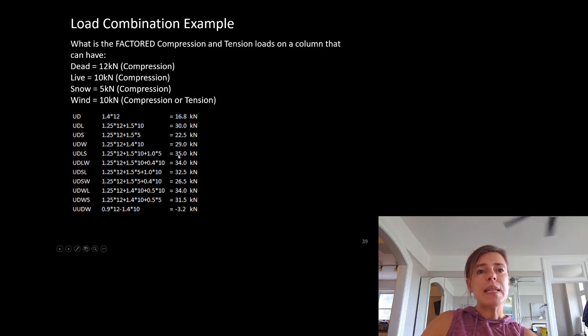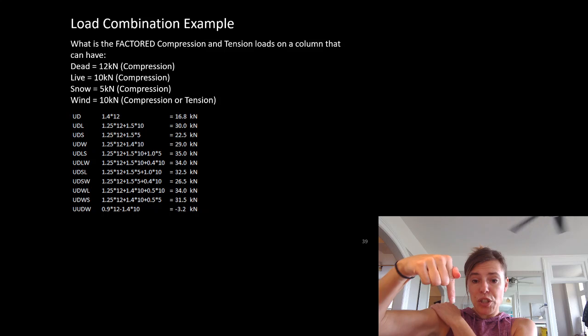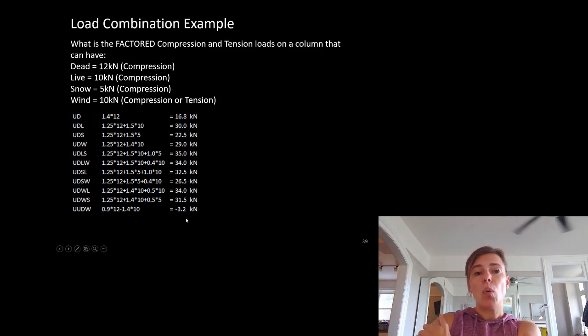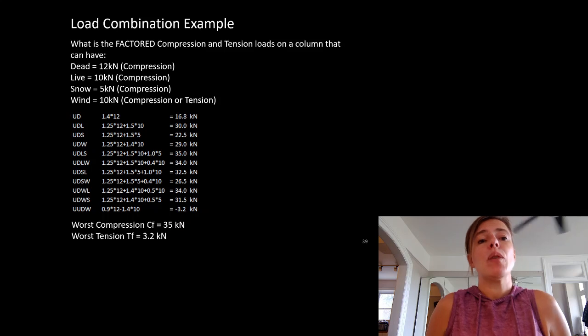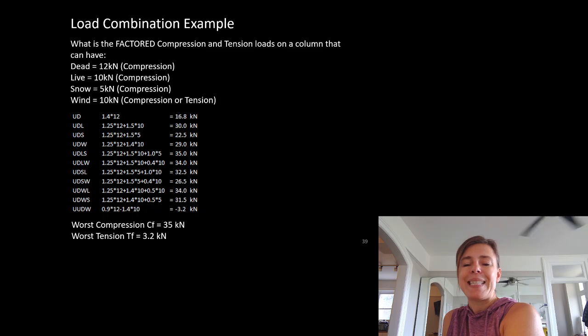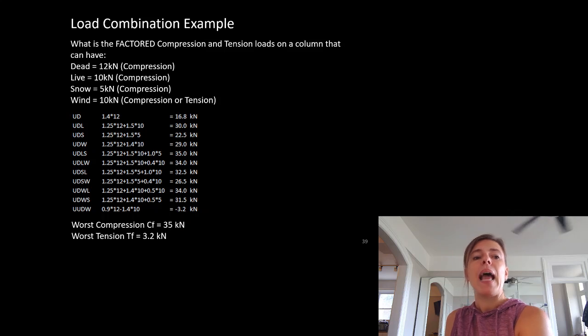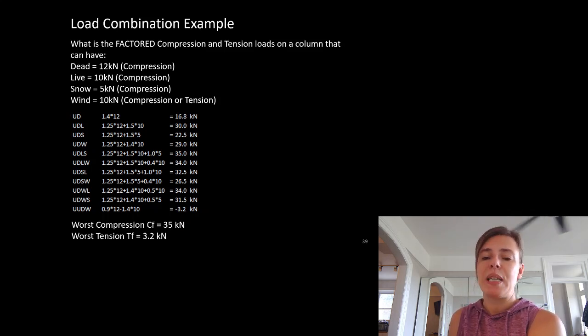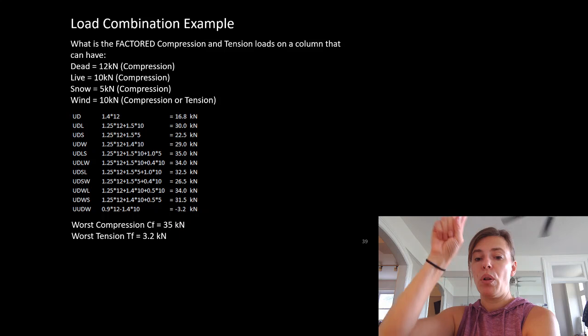So downwards, it looks like dead load with live load as the principal and snow load as the companion was our worst case compression load, and we have a tension case where we have wind with some dead trying to hold it down. So we have a worst case compression, CF, because these are our factored loads, we've applied our load factors. CF, where C is for compression, is 35 kilonewtons, and our worst case tension is 3.2 kilonewtons, trying to pull up on it.